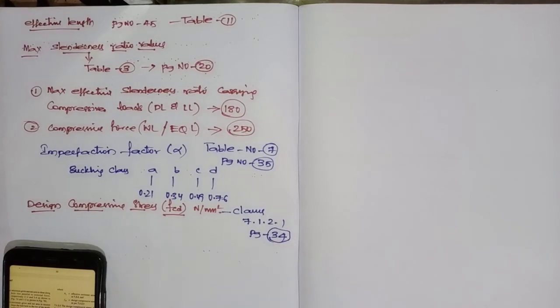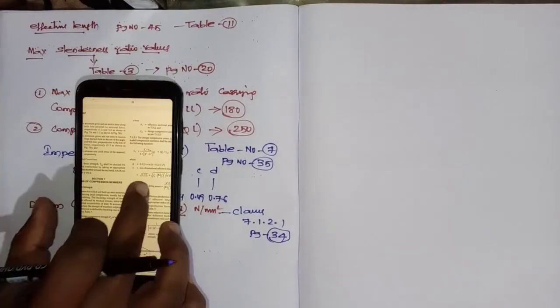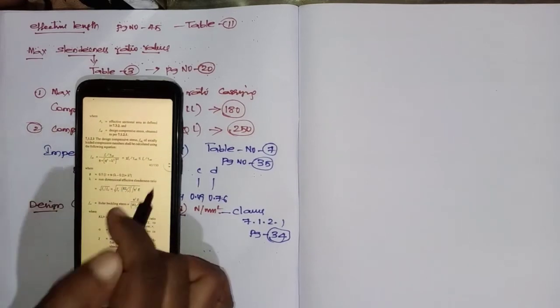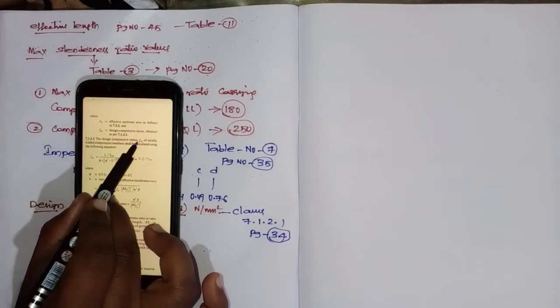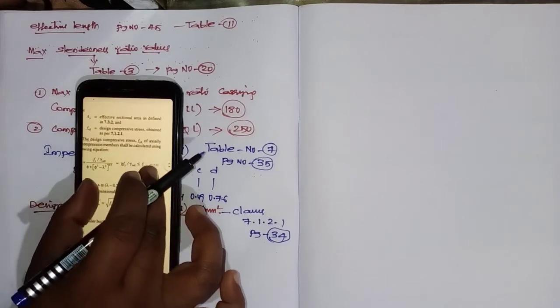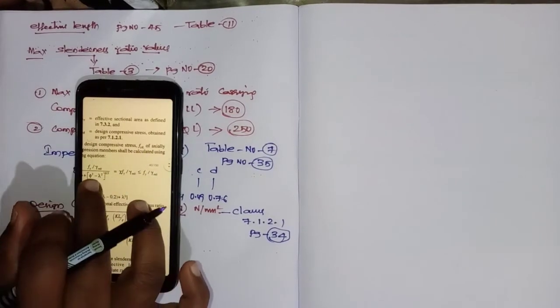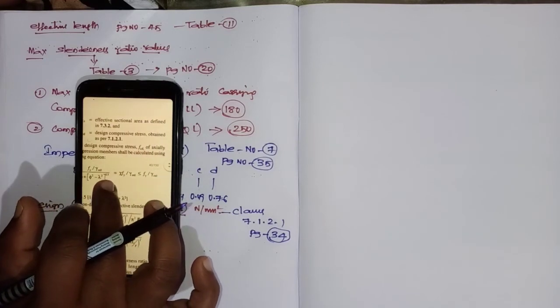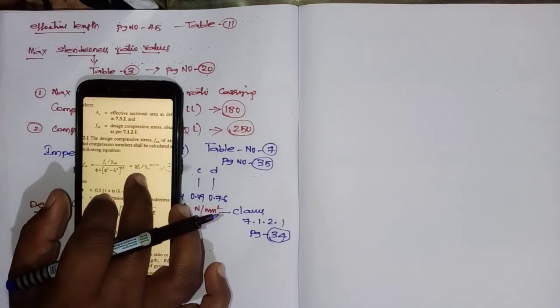Page is how much? 34. Here FCD, the design compressive strength FCD of an axially loaded compression member shall be taken using the following equation.